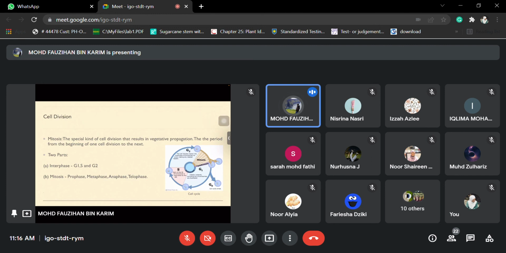G1 will enter the S and then will enter the G2 stage before it goes for mitosis. After mitosis, then cytokinesis. Pembahagian cytoplasm. Okay. This one is mitosis. Mitosis simple eh.